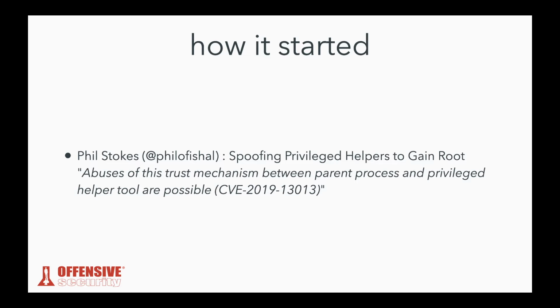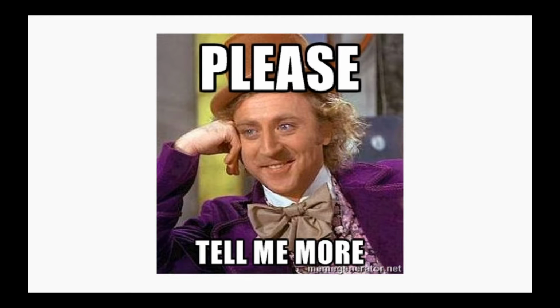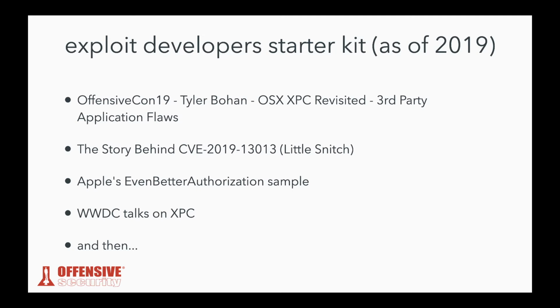For some reason, this caught my attention, and I got really interested in these privilege helper tools. What are these? I was like, yeah, please tell more. Well, unfortunately, Phil's article was about something else, but I started to dig up lots of stuff about XPC and XPC exploitation.